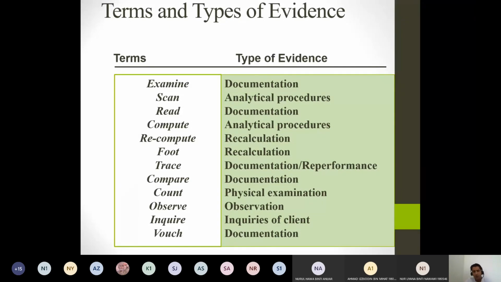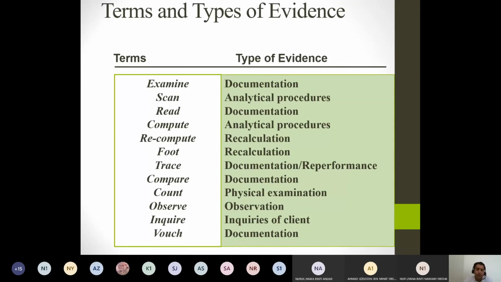And then we check the documentations and reperformance, and then compare documentations. Counting is physical examination: if we go and check the cash with the cashier, then it's about counting. And observation, inquiry of the client.